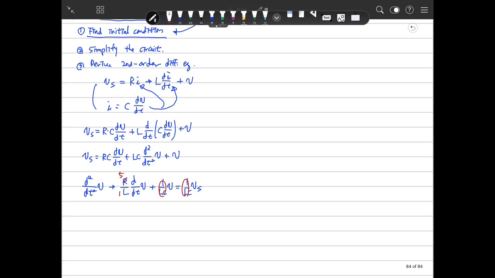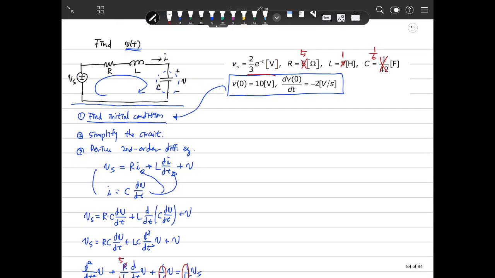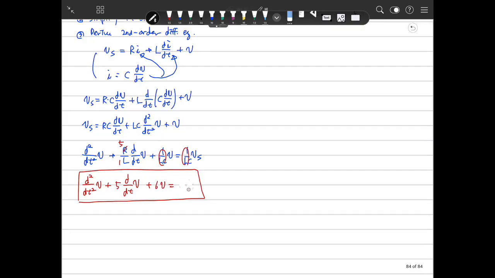Then we can rewrite it: d squared V/dt squared plus 5 dV/dt plus 6V will be 6 Vs. That is, we got the second-order differential equation for V. Vs is given, so we can replace it with 4 exponential minus 5t.